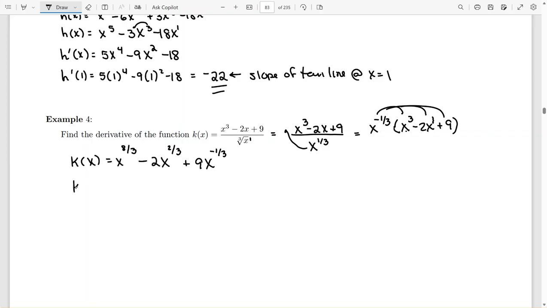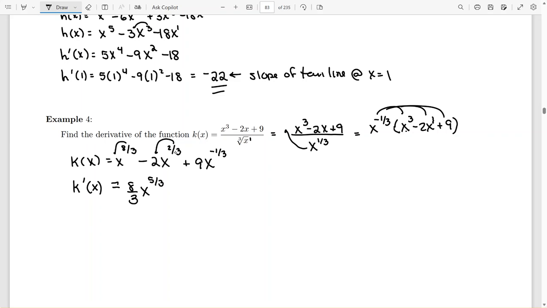And so if I do the derivative, I pull the 8/3 down in front and decrease by 1. So subtract 1 from 8/3, or subtract 3/3 from 8/3 and get 5/3.